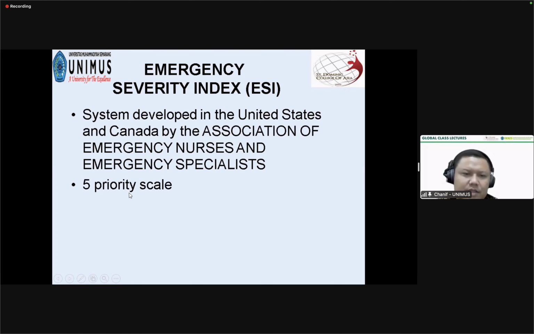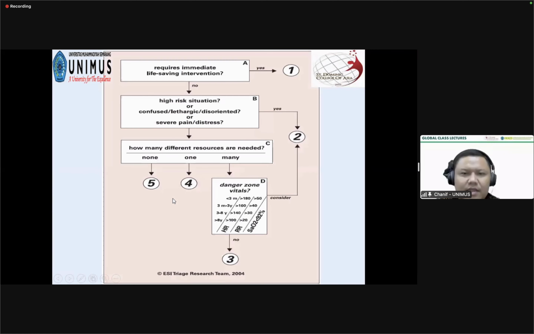For this model, the triage level is divided into five priority scales, like in this slide. It is one of the figures of the ESI triage system 2004. We can see from this figure, we can ask whether the patient requires immediate life-saving intervention.